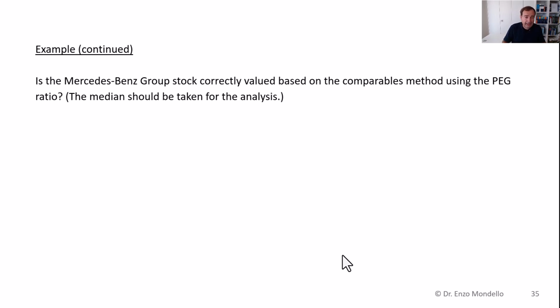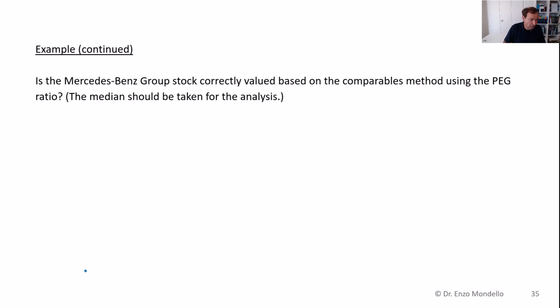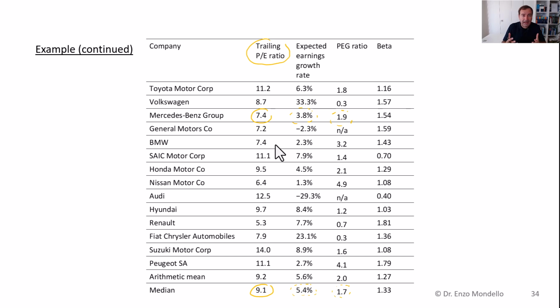So we calculate first the growth adjusted PE ratio of the Mercedes-Benz Group stock. That's calculated as follows.